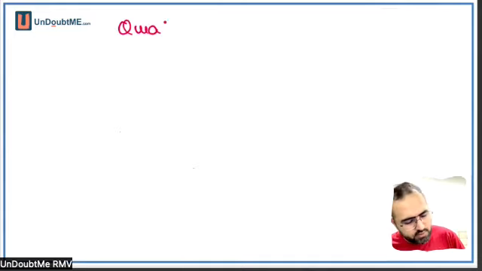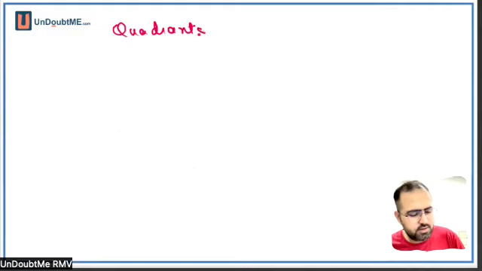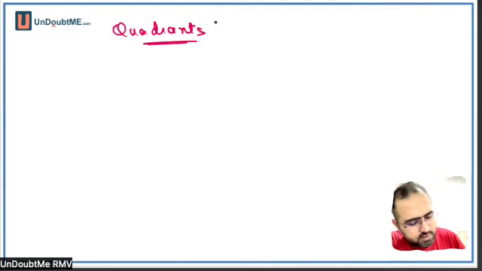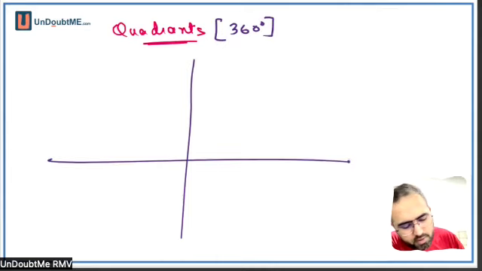Now the next part is quadrants. Everyone keep your calculator handy, because I will ask some random angles and I would like to know the sign of that. Quadrants: 360 degree is divided into 4 parts, so we have 4 quadrants.